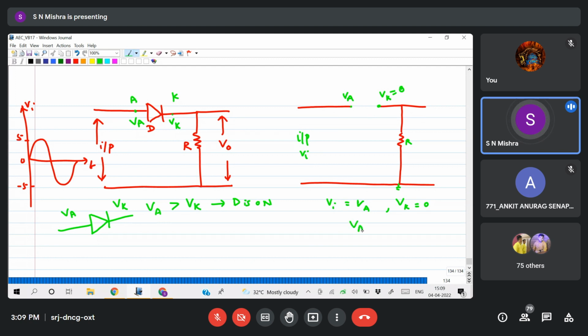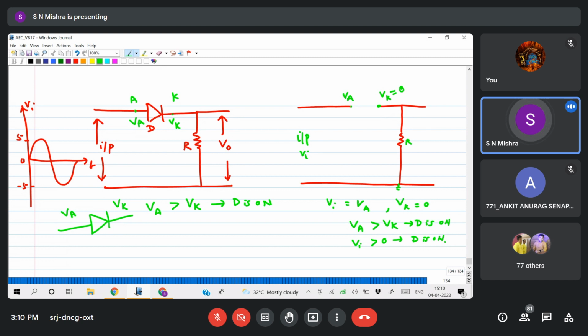Now Va should be greater than Vk, then the diode is on. So Va equals Vi should be greater than 0, then the diode is on. Initially we know whenever we give the positive half cycle, the diode will be on, but in this condition also you can find out the diode is on.